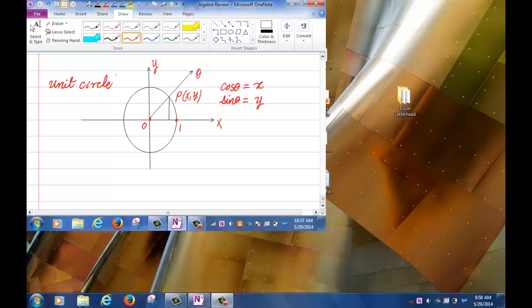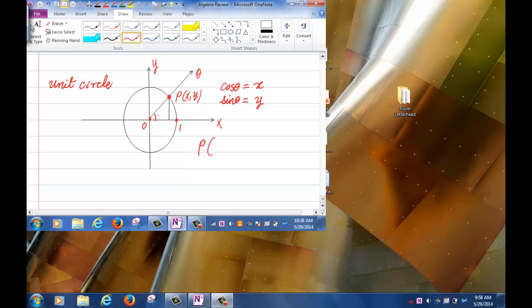Well, they are just coordinates of points on the unit circle, right? Cosine theta is the first coordinate of P. Sine theta is the second coordinate of P. So cosine theta and sine theta is a point on the unit circle. So the point P has coordinates what?